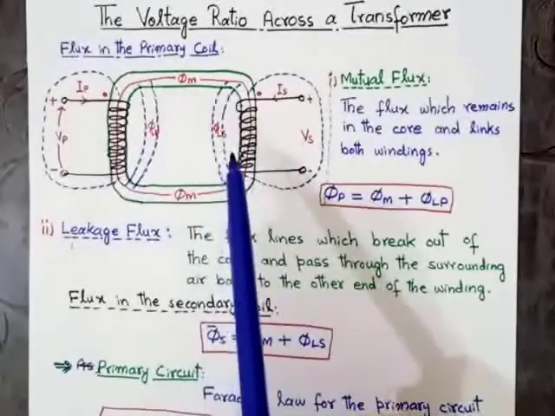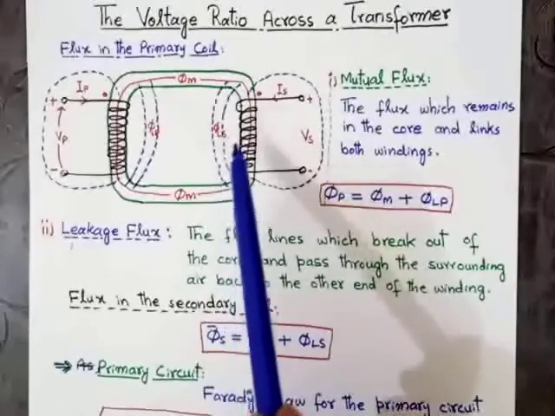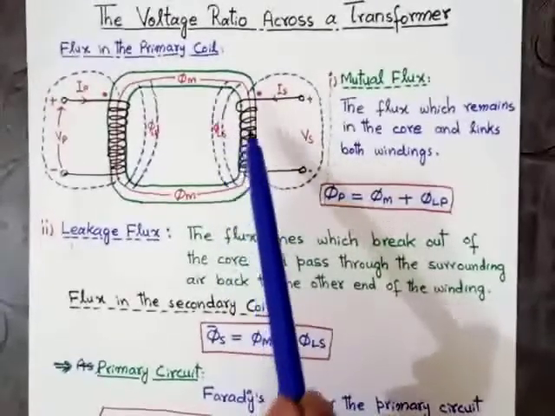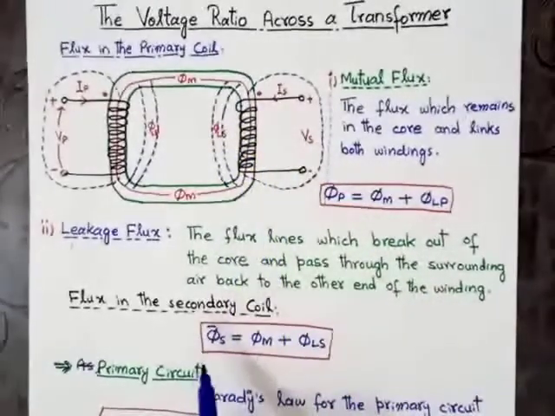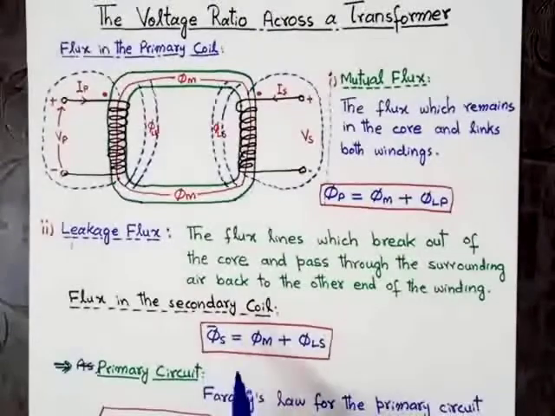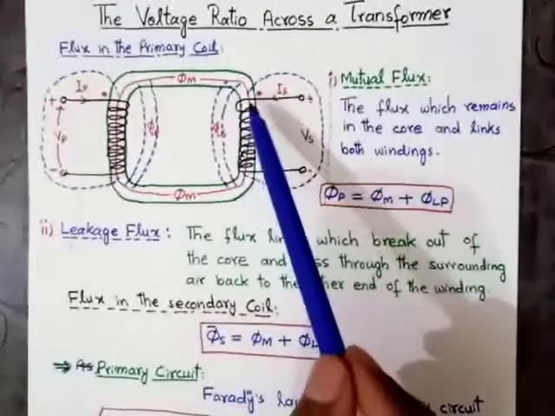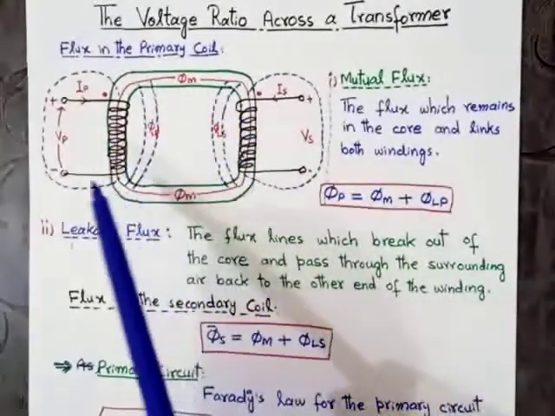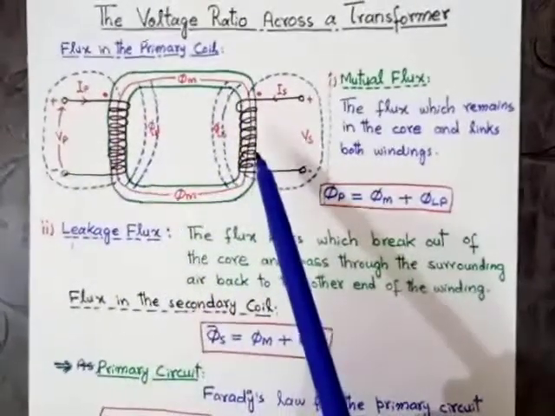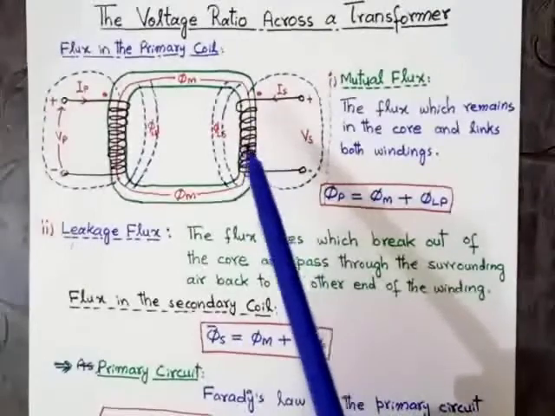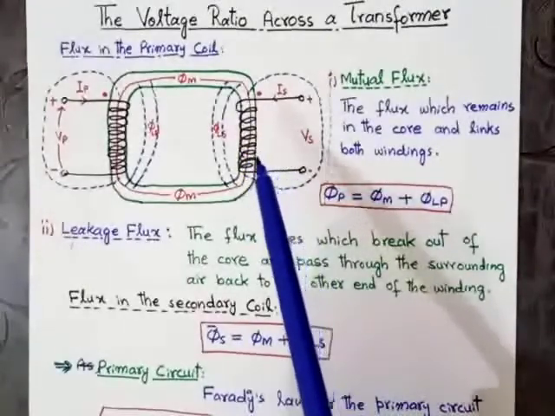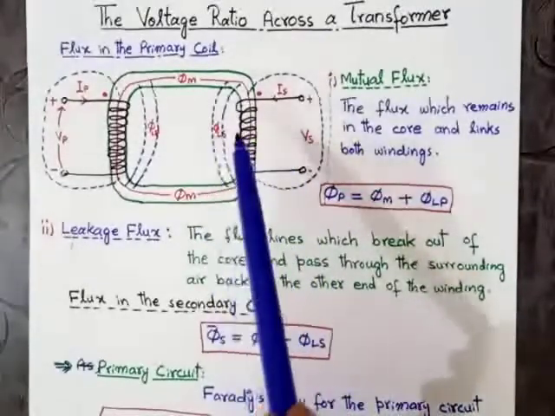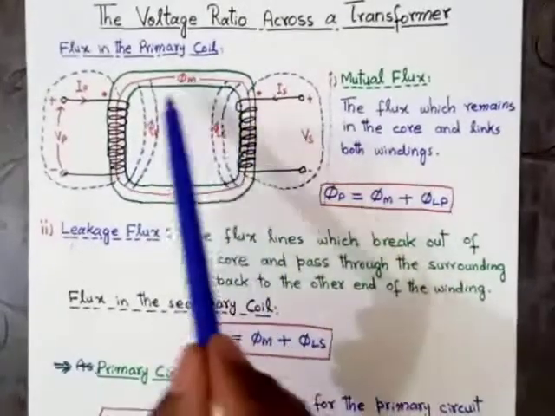And similarly, the average flux in the secondary coil will be equal to the total mutual flux plus the leakage flux. The mutual flux will be the same for the primary winding and the secondary winding, because the mutual flux is the flux which remains in the core.